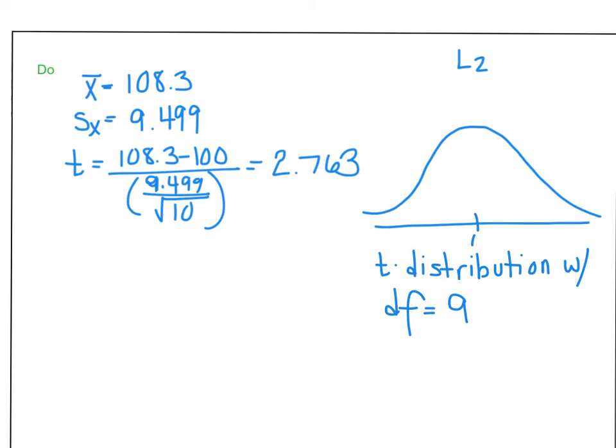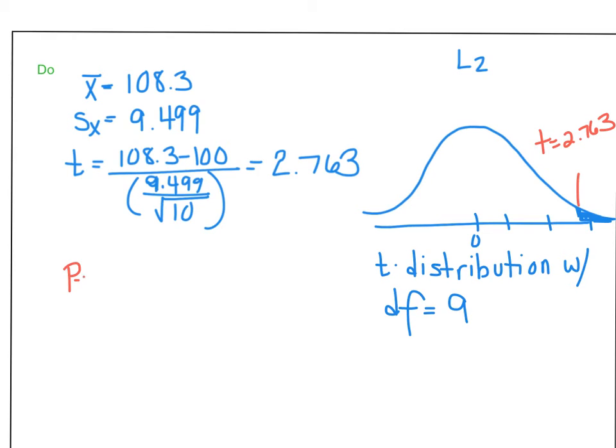So if here is 0, here's 1, 2, 3 away, 2.763 is going to be this tail way out here. So I will label this value here as t equals 2.763.